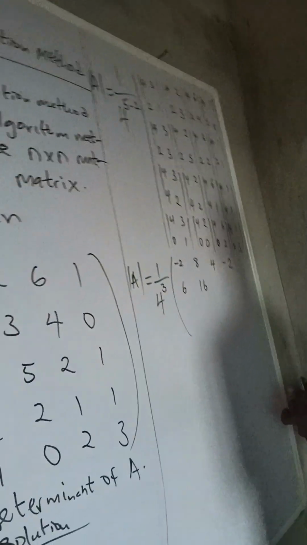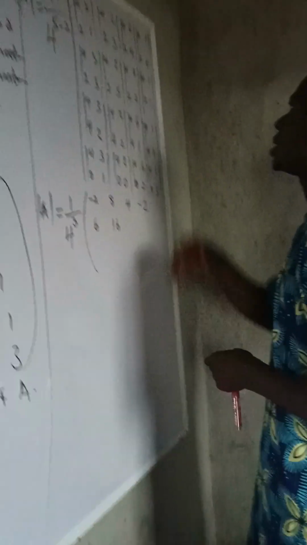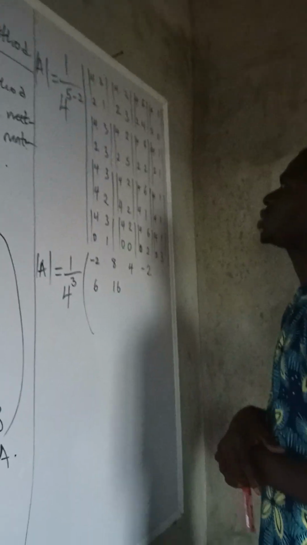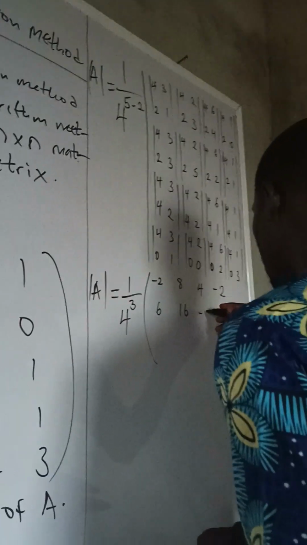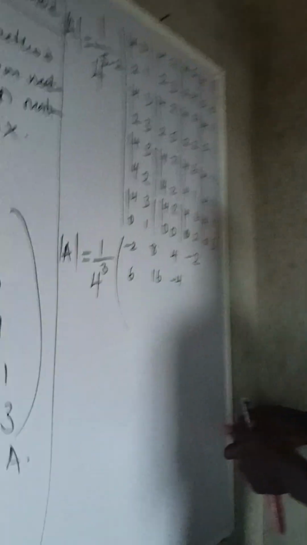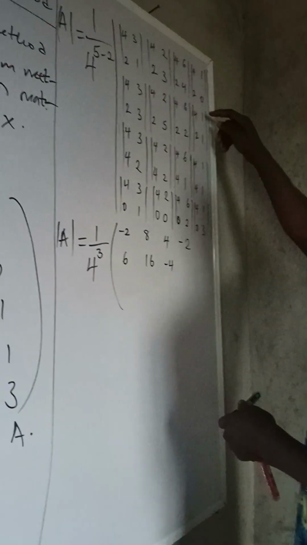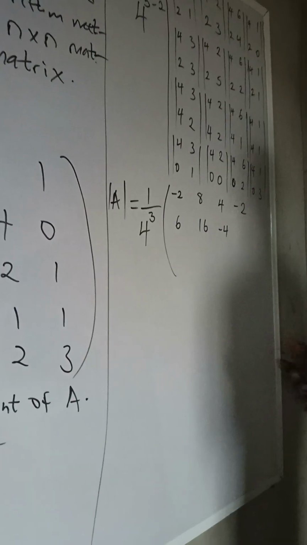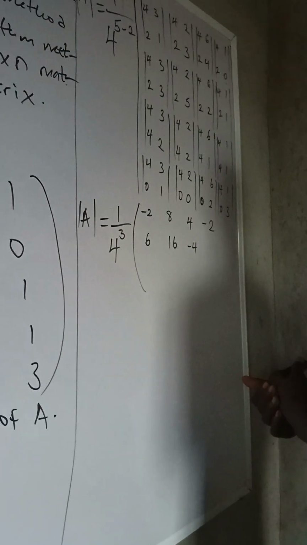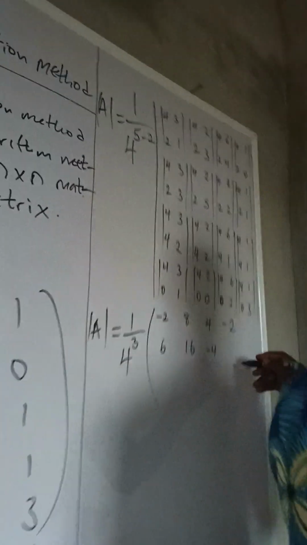And the next one, we have 4 times 2, which is 8, minus 6 times 2, which is 12. We have 8 minus 12. That's minus 4. And then we have 4 times 1, which is 4, minus 1 times 2. That's going to give us 4 minus 2. And that's going to give us 2.